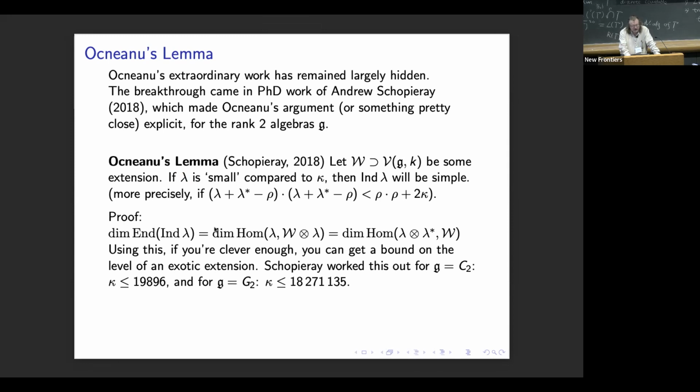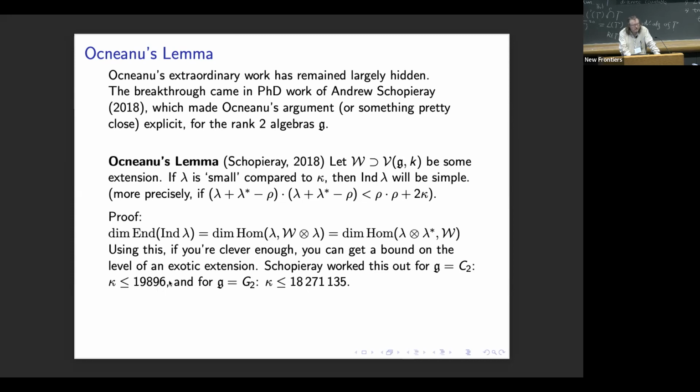And if you're clever enough, and Andrew is clever enough, then you can use this to come up with a bound for where exotic quantum subgroups can arise. And so Andrew worked it out for C2 and he got 20,000 or so, and he worked it out for G2 and he got 18 million or so. So if your level is bigger than 18 million, then there are no exotic subgroups. All subgroups just come from, all condensations are simple current ones, so completely boring ones.